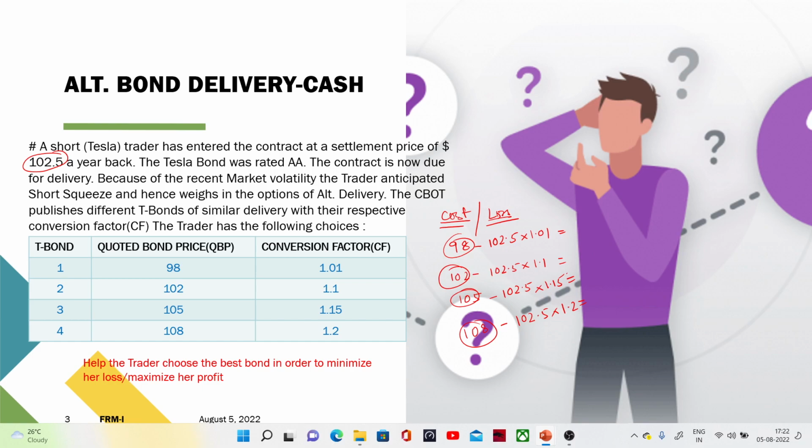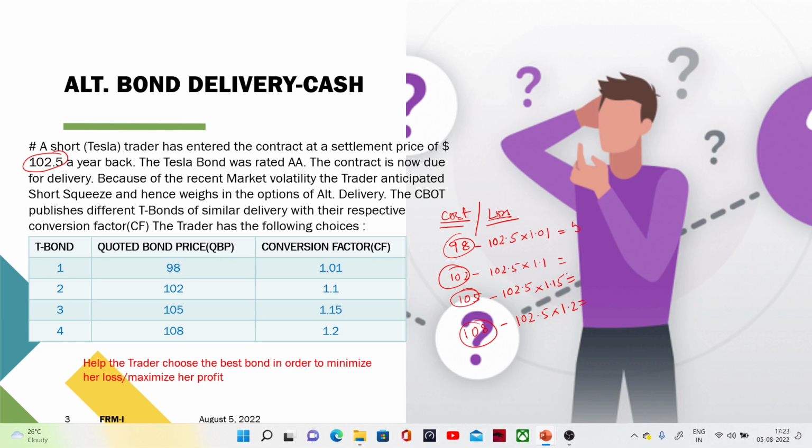All right. So in the first place, the net profit or net loss part of it: it's 98 minus 102.5, we multiply this by 1.01, so it is minus 5.5.